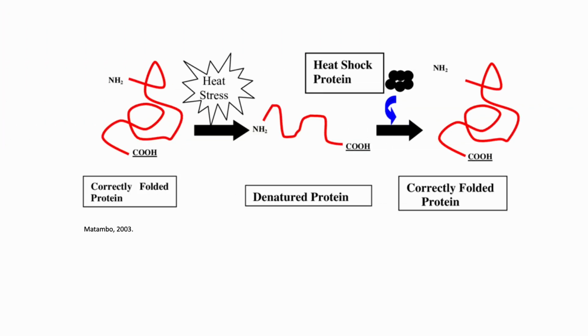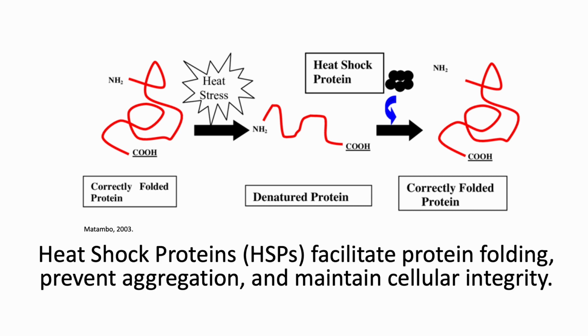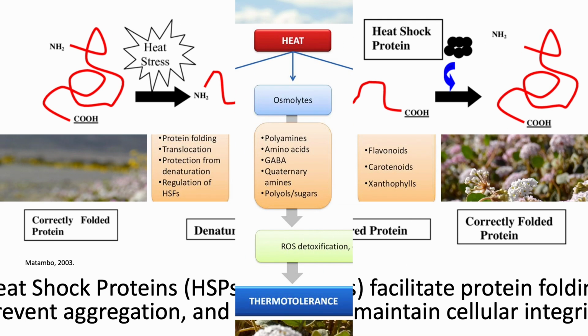Heat shock proteins facilitate the refolding of protein that has become unfolded when temperatures rise. They also prevent protein aggregation and help to maintain cellular integrity. Heat shock proteins are constitutively expressed, meaning they are always present in the plant, but heat stress rapidly triggers upregulation.